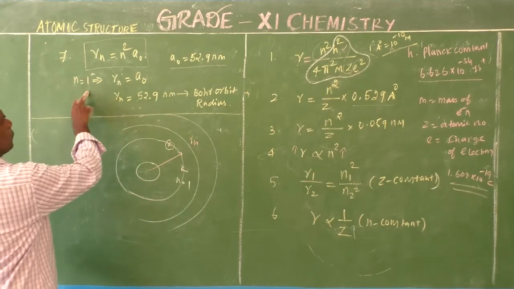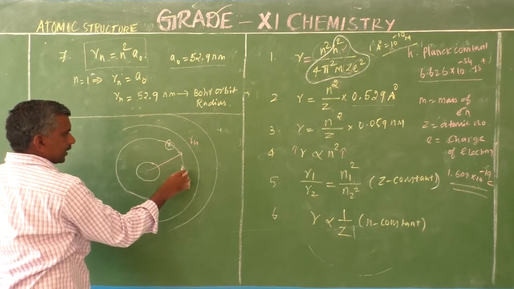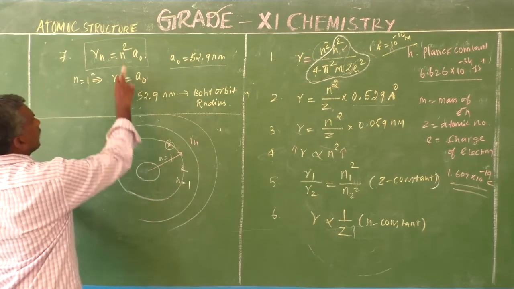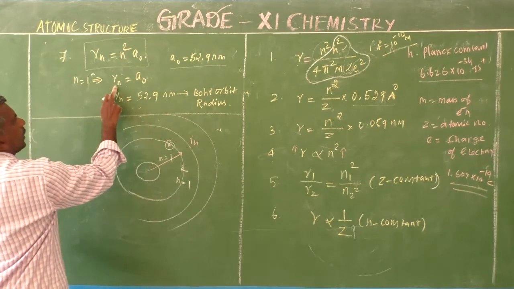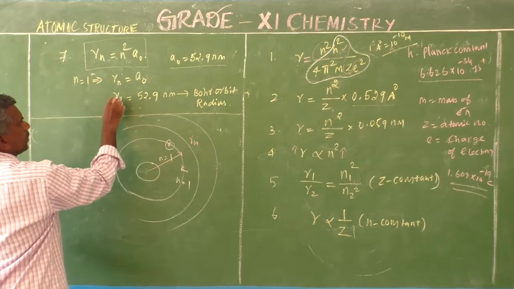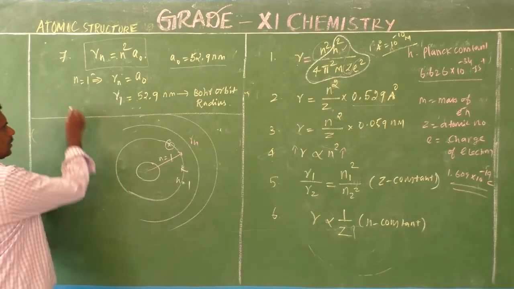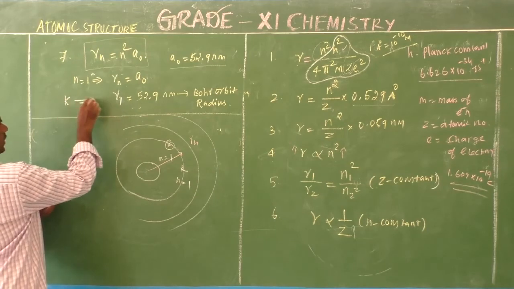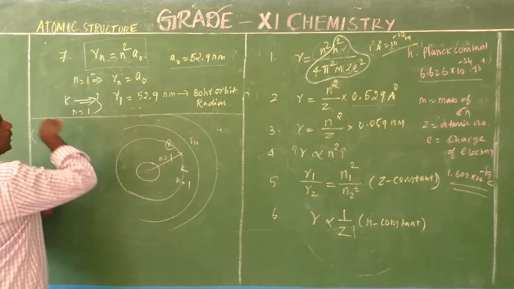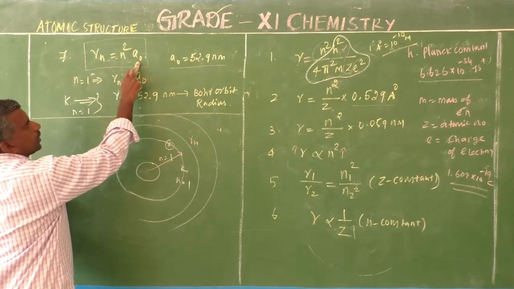Rn is that radius. Suppose n is equal to 1, that is the first cell, the K cell. Then Rn is equal to a0, which is R1, the K cell radius. With n equal to 1, n squared is 1, so R is equal to a0.